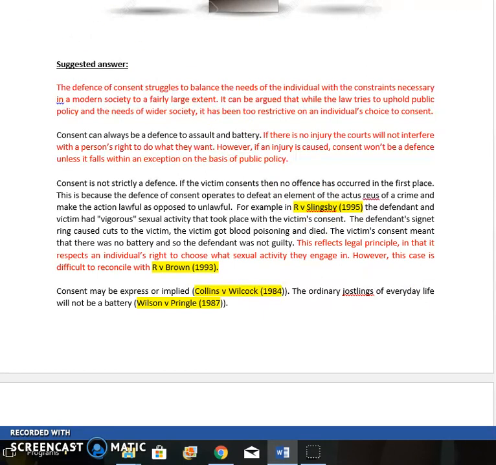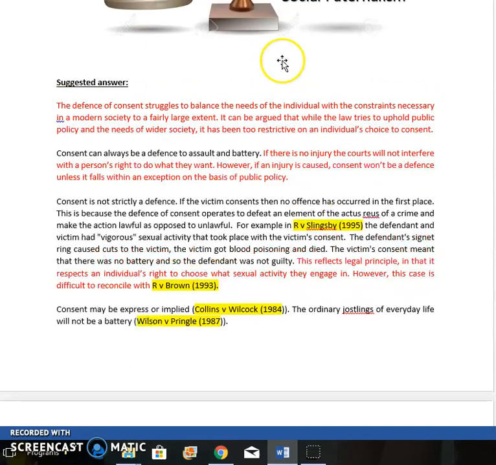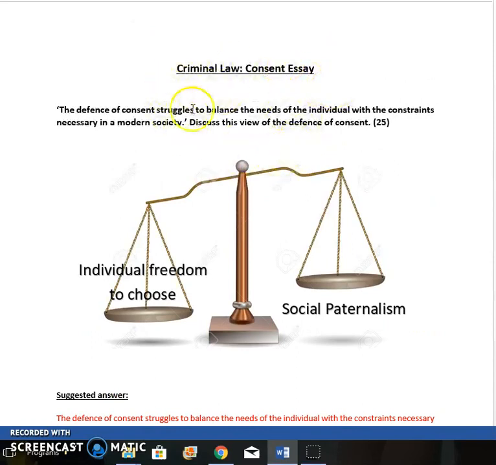Remember that in an evaluation essay, you get 10 marks for your AO1, 15 marks for your AO2, so you want to make sure that you're not just describing the law on consent in all the cases, but you're actually discussing whether the law is appropriate or not, and linking back to the question about how these cases show a balance. Do the cases reflect individual freedom to choose, or does it show that the law is restricting choice on the grounds of paternalism?